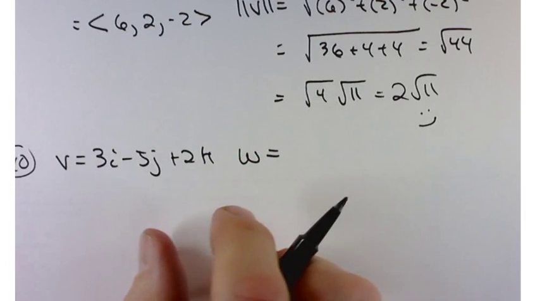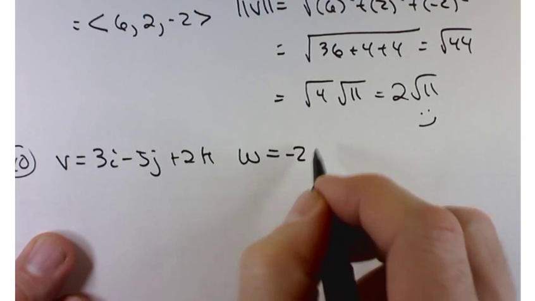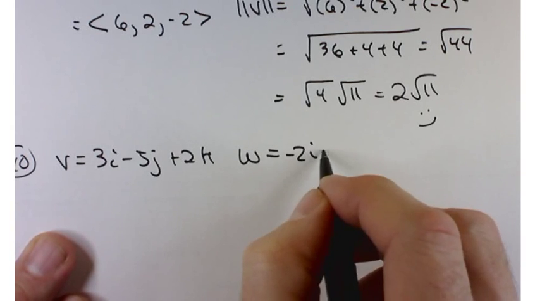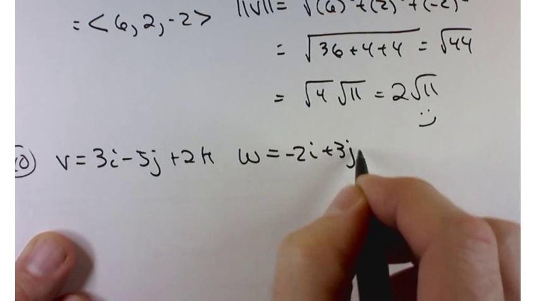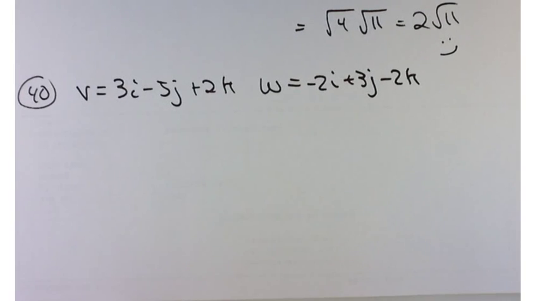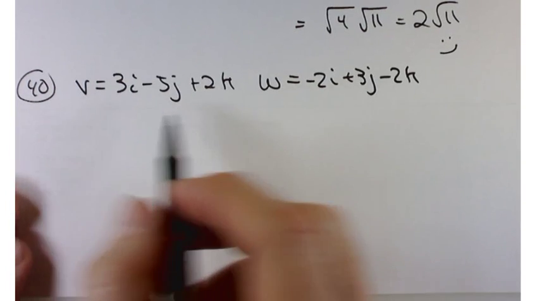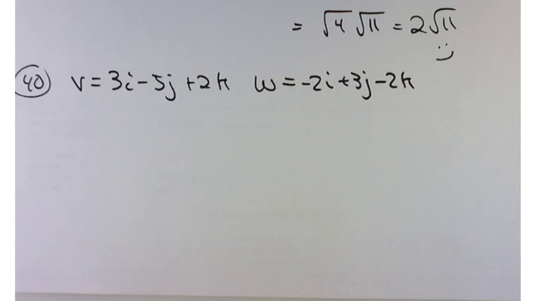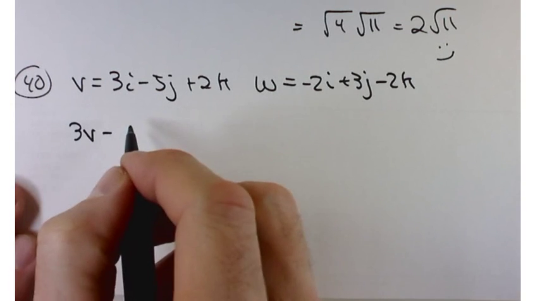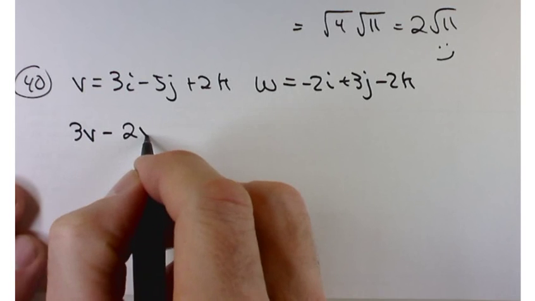Likewise, w is defined for us as negative 2i plus 3j minus 2k. And what does problem 40 ask us? They asked us to put these two vectors together in a unique way. They asked us to calculate 3 times v minus 2 times w.